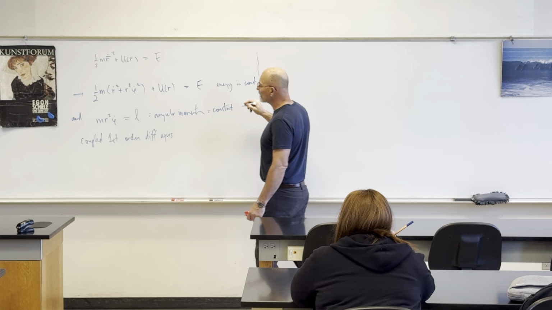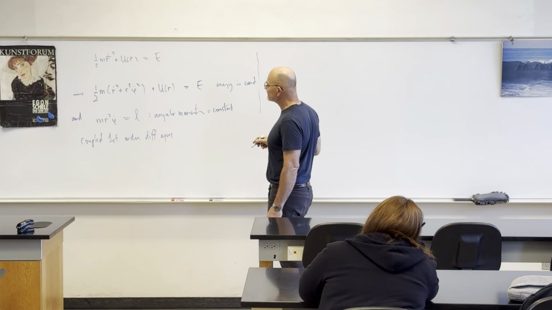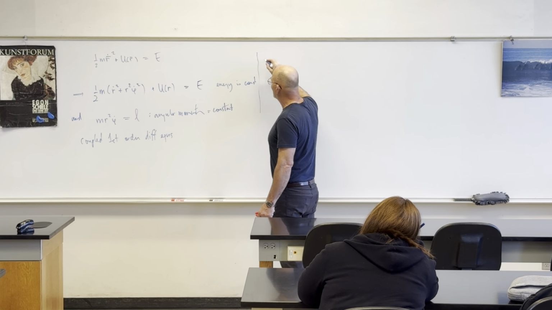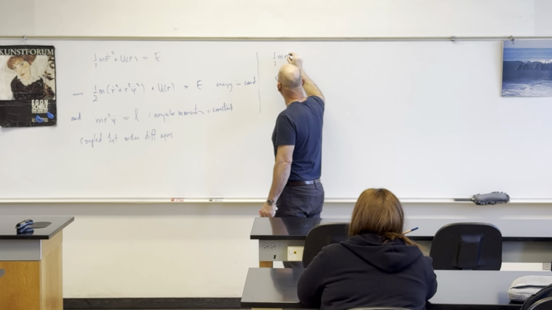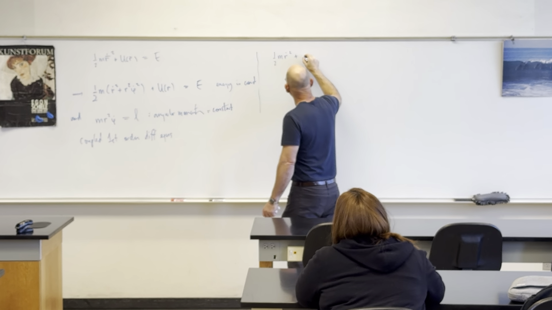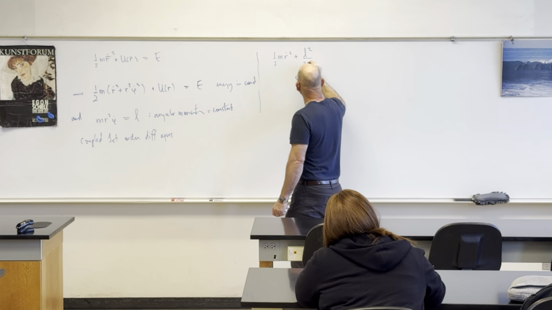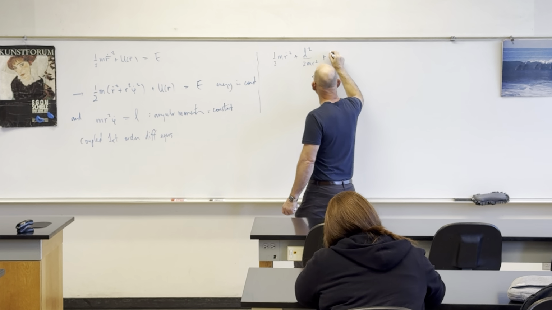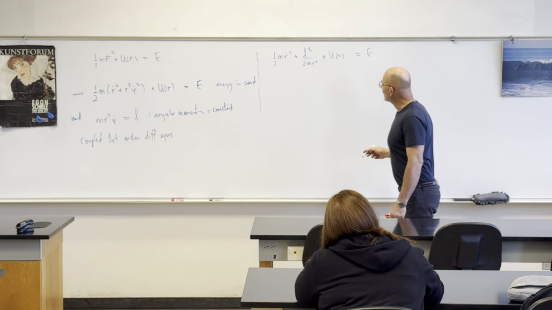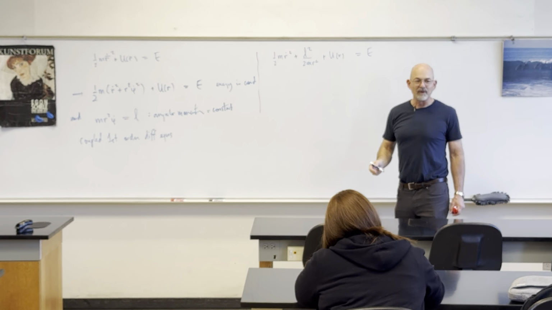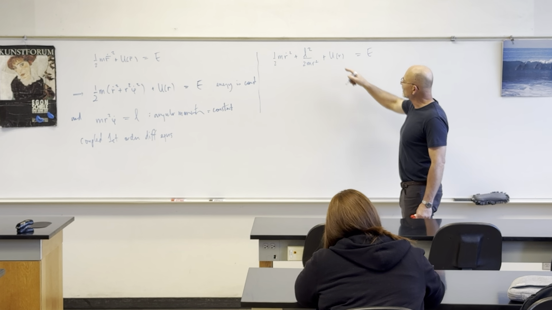That led to, and this is where we ended last time, 1/2 m r dot squared plus L squared over 2m r squared plus u of r equals E. So this is now a first order differential equation, one variable.